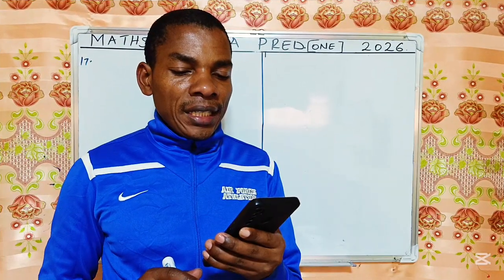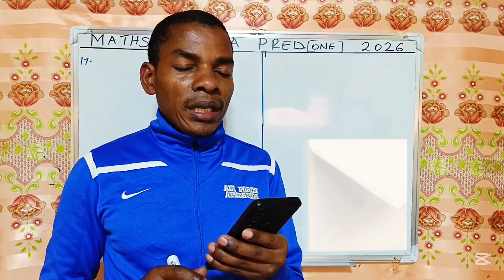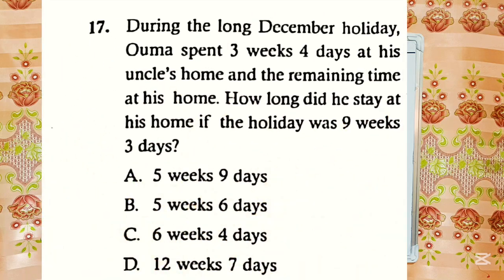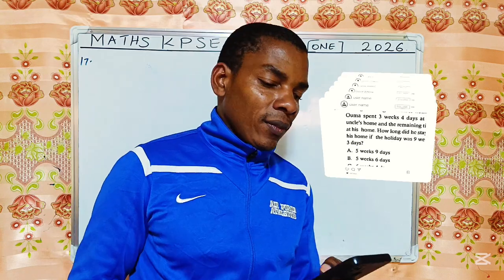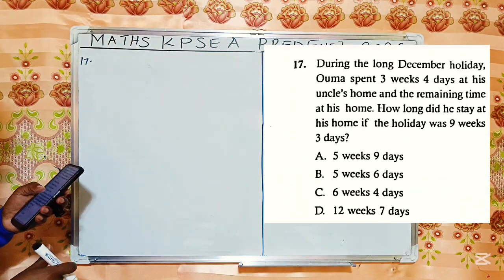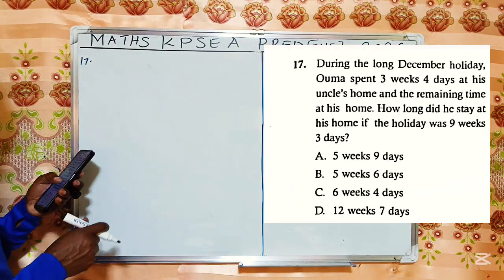During the long December holiday, Ouma spent 3 weeks, 4 days at his uncle's home and the remaining time at his home. How long did he stay at his home if the holiday was 9 weeks, 3 days? So this is Ouma.